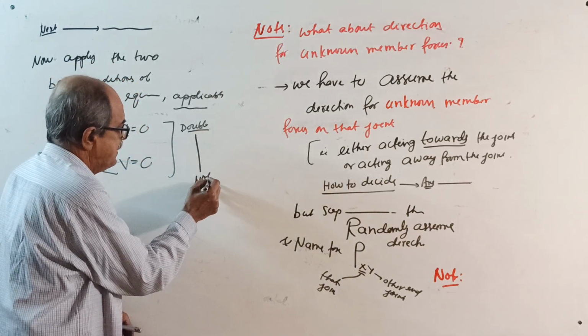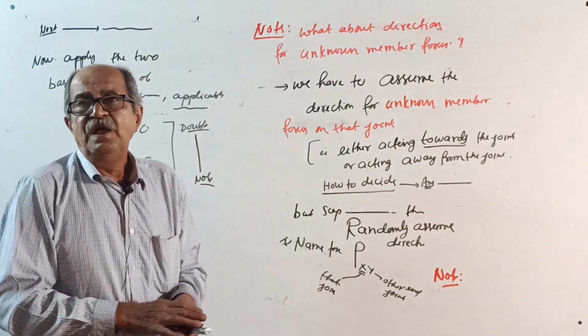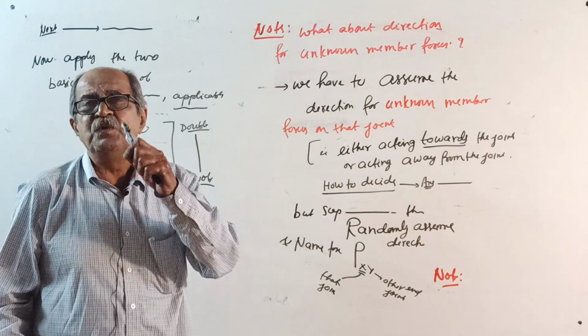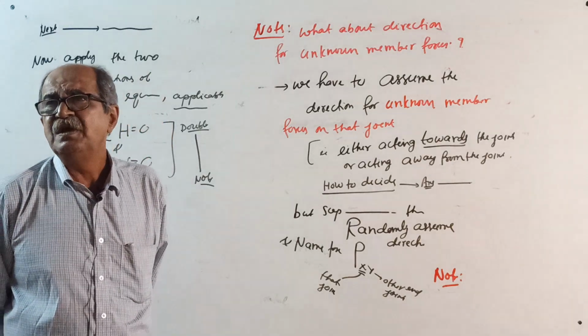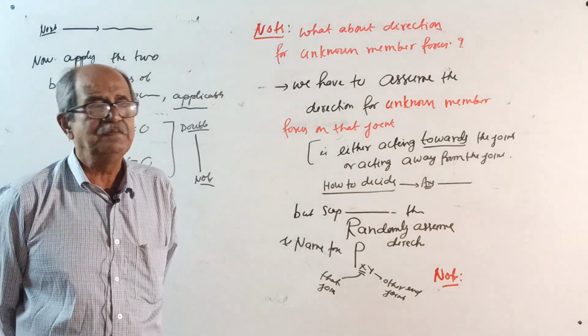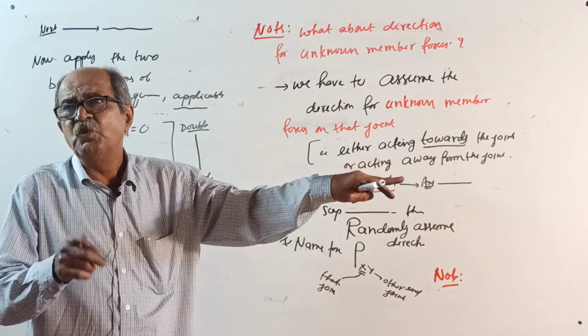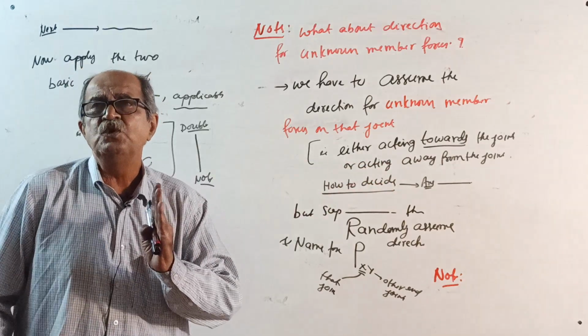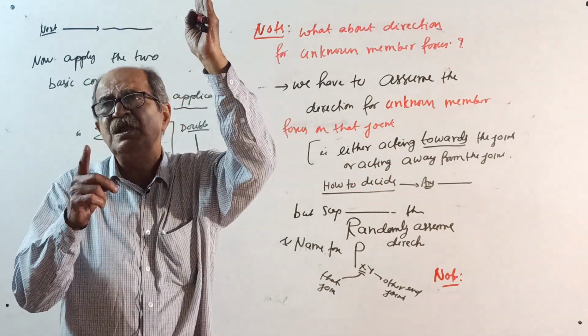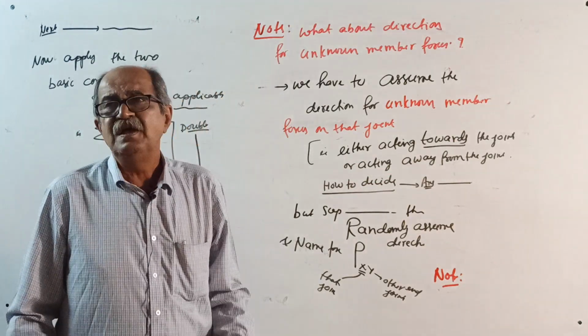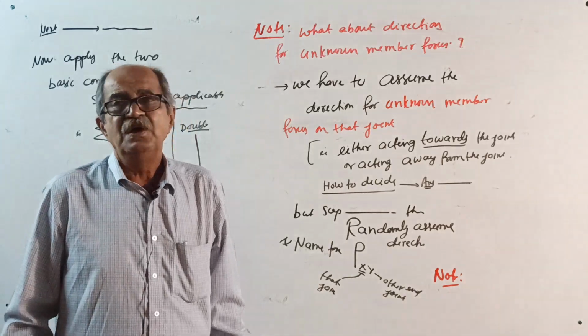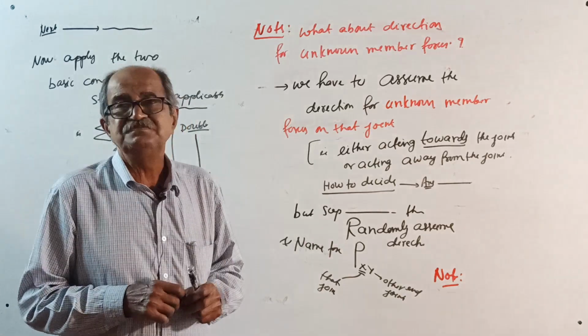Note, I will dictate. See, an inclined force will come in both sigma H and sigma V. But a pure horizontal unknown will come only in sigma H. A pure vertical unknown will come only in sigma V. Therefore, it is better to observe there.